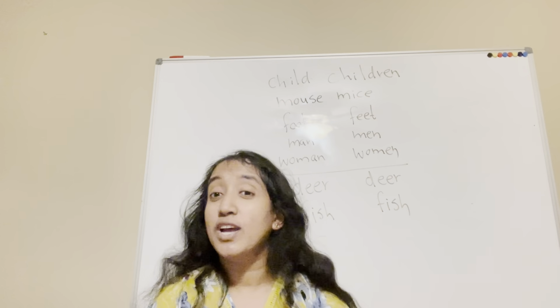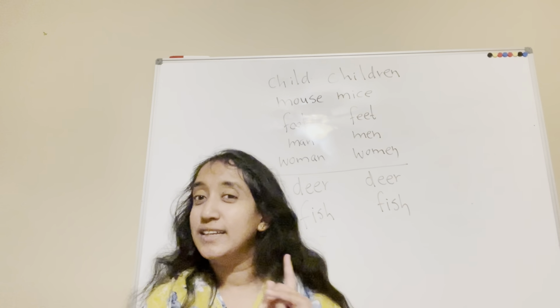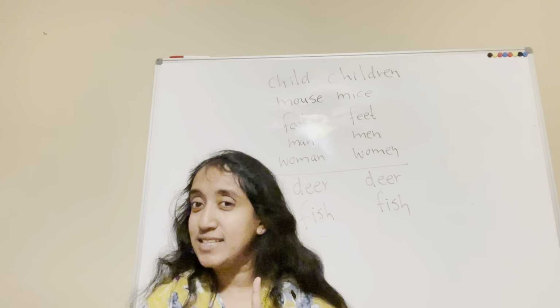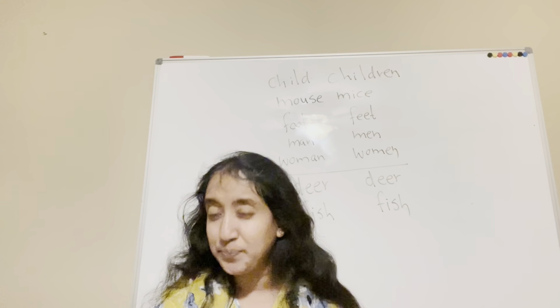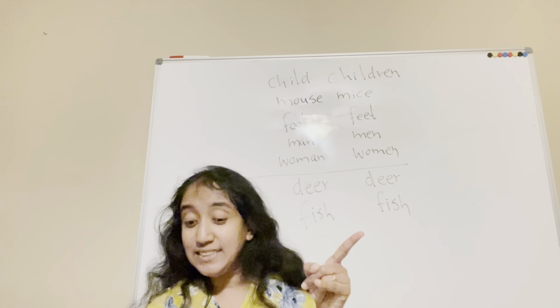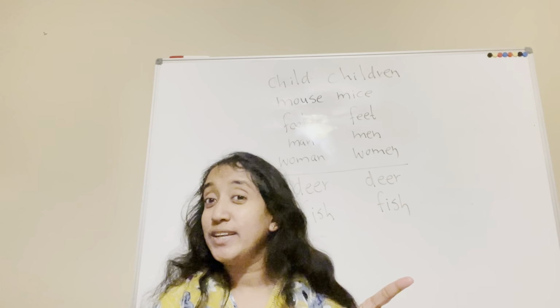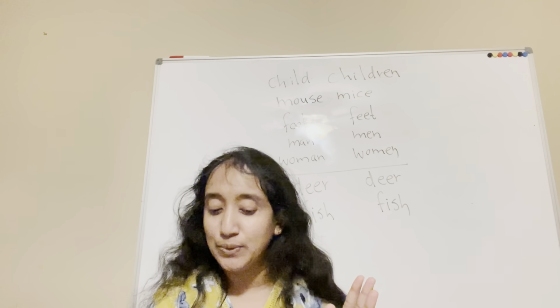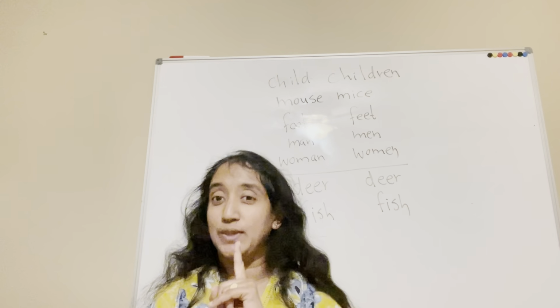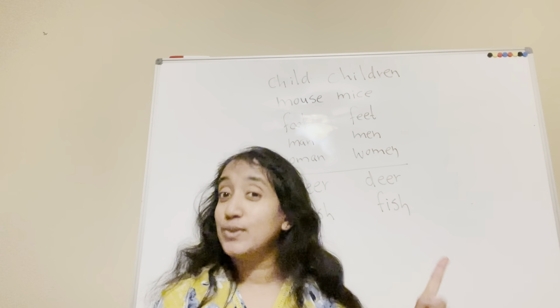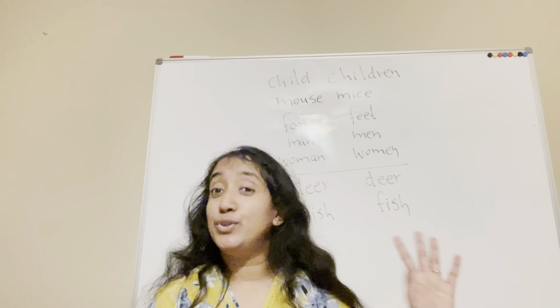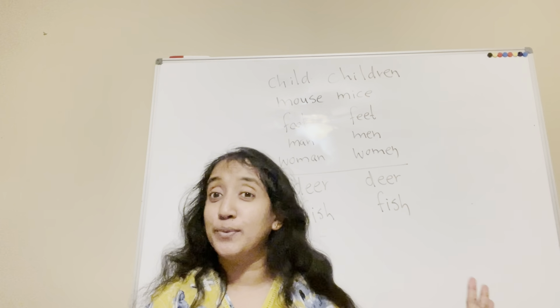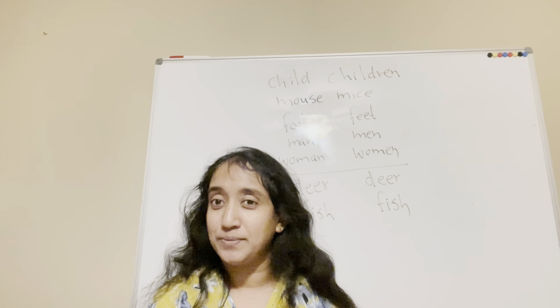Those fish are very colorful. This fish is very colorful. That deer is so innocent. In the beginning of the sentence, we have a clue. This goes with one. These goes with a lot. Those goes with a lot, more than one thing.